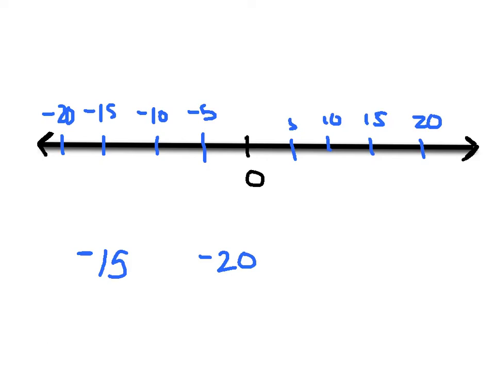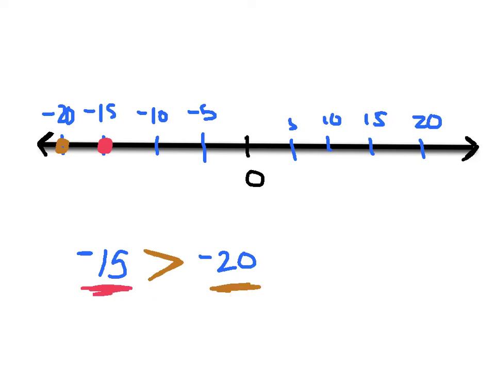Where's negative 15? It's here on the number line. Where's our negative 20? It's here on the number line. Which has a greater value? The negative 15 does. So we can say that negative 15 is greater than negative 20.